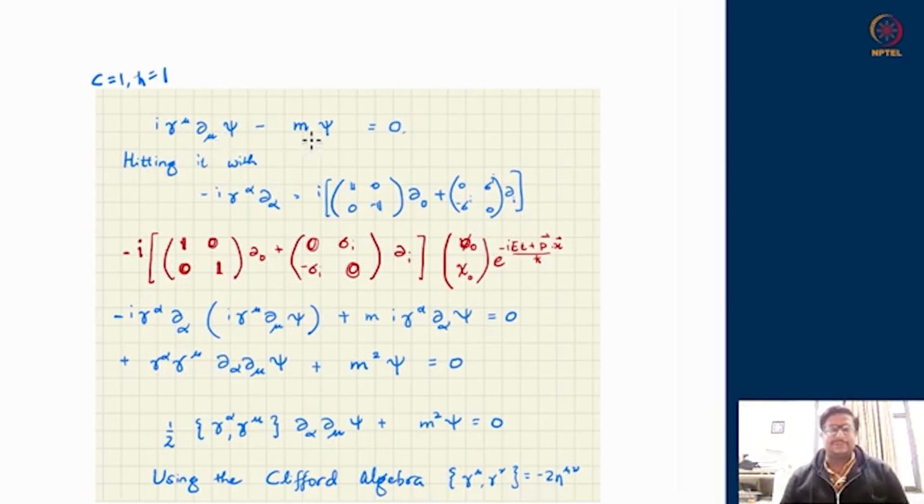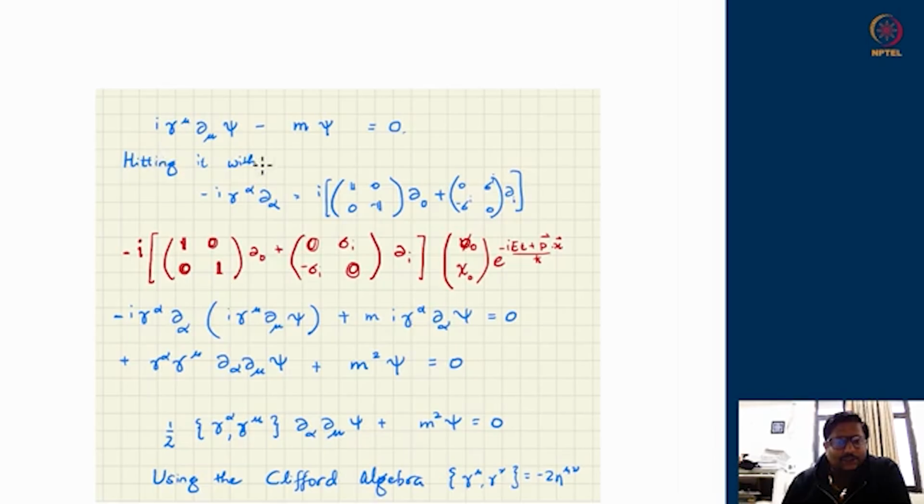Whenever I write m here, it should have been mc, and somewhere h bar should also appear because of the derivative version of the momenta which I had written. But right now I am just putting them to 1 for convenience. Looking at their mass dimension, we will be able to settle where c appears, where h bar, and where their combinations appear. So this gives us a nice structure to look at.